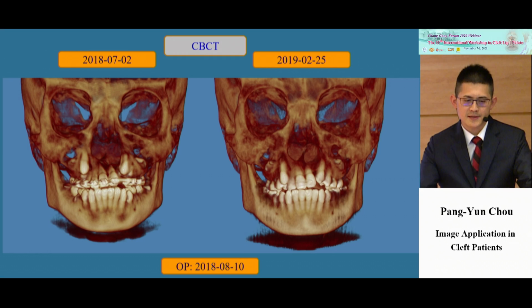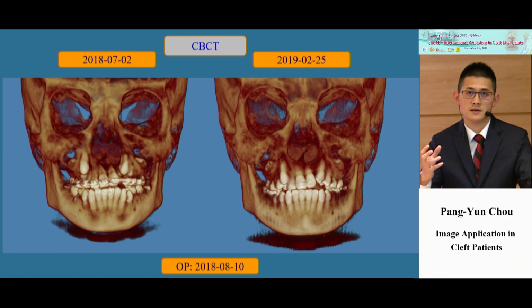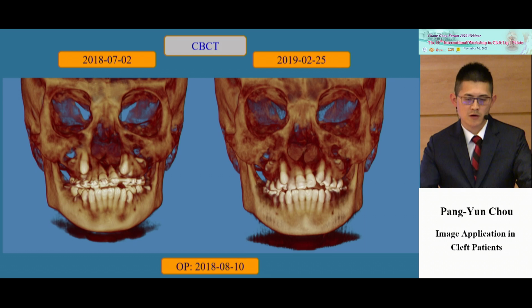This is the second case, and we can view the different timelines of the surgical alveolar bone graft before and after. Before, there is a defect on the left side.